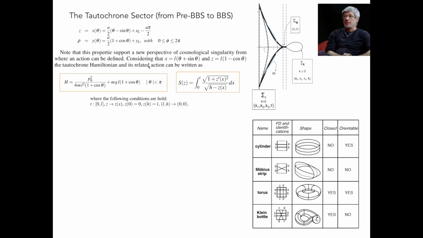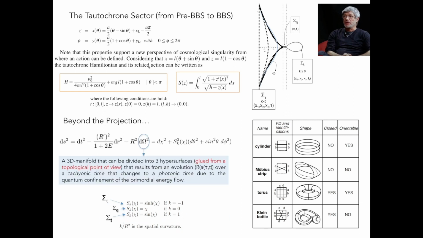And then, from manifolds we already know, like tori, for example, we start to assemble a dynamical manifold that includes the matrix of the three sectors along the scale factor variation. I mean, we can do that by gluing different hypersurfaces, and this is crucial for us to go beyond the cosmology of projection.